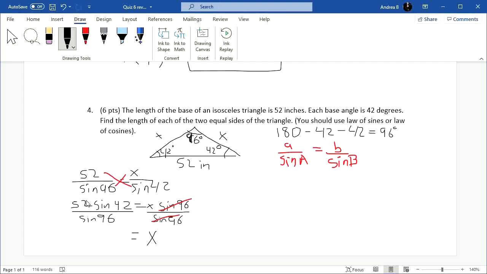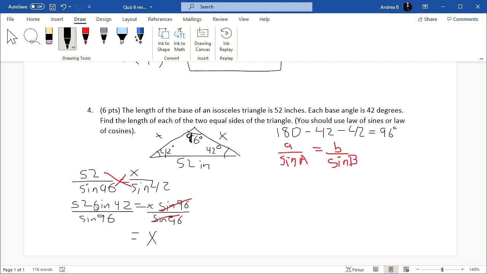And then we can plug in the 52 times that sine of 42, and then divided by the sine of the 96 there. And then like I said, depending on your calculator, you may need to plug that in multiple steps there. Either way though, you should get the same answer if you plug it in correctly into your calculator.